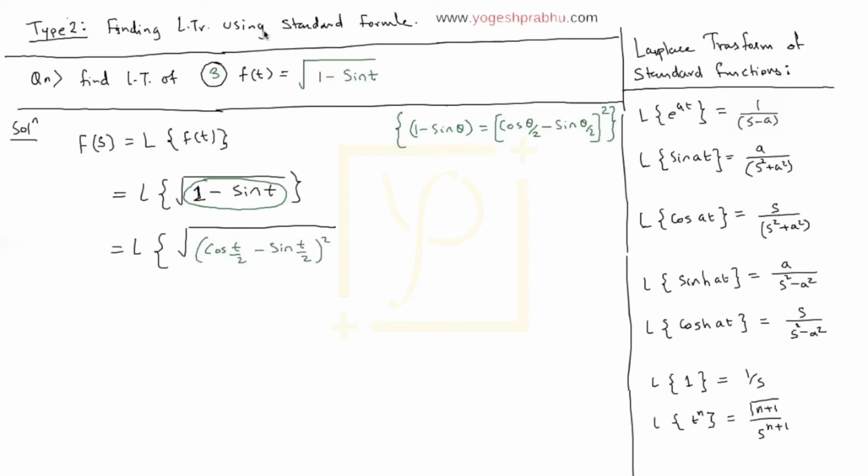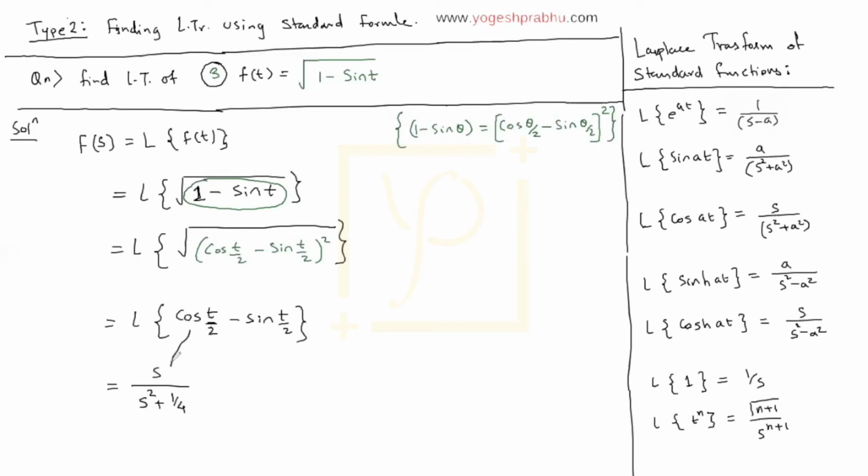So once we replace like that, okay, we have to find out the Laplace transform now. First of all, this square and root will cancel out, and you will get cos t by 2 minus sine t by 2. Okay, and the Laplace transform is going to be, now this is cos at where a is half. Okay, this will become s upon s square plus 1 by 2 square, which is 1 by 4.